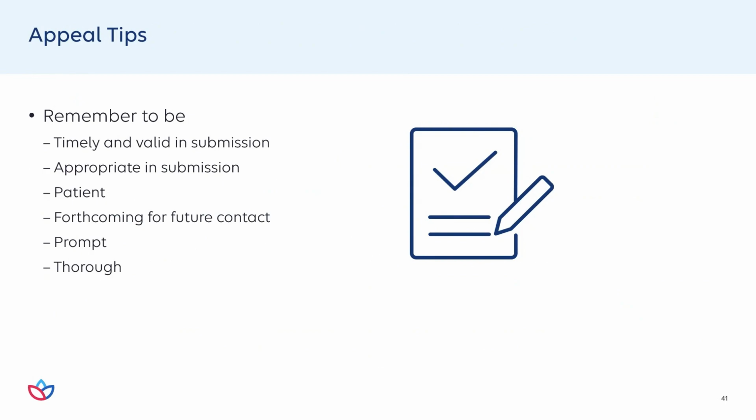Be prompt, meaning be timely, and be thorough, meaning submit the documentation that's going to support your appeal request. Don't submit 3,000 pages. That's not what we mean by being thorough. We mean complete those forms accurately and fully. Make sure you're submitting documentation specific to your appeal that's going to support medical necessity, and stuff like that. So those are just some tips that our appeals department wanted to share.